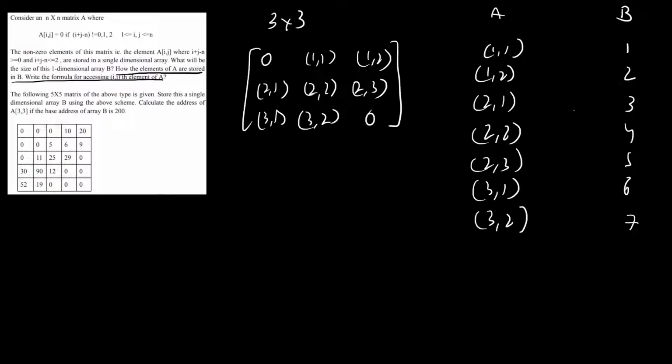So these are all the elements. Excuse me, this will be 1 comma 2, and this will be 1 comma 3. Same here.